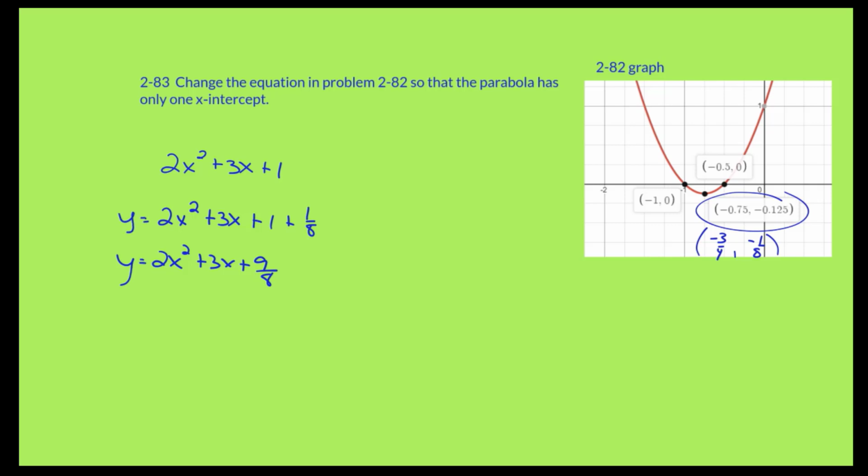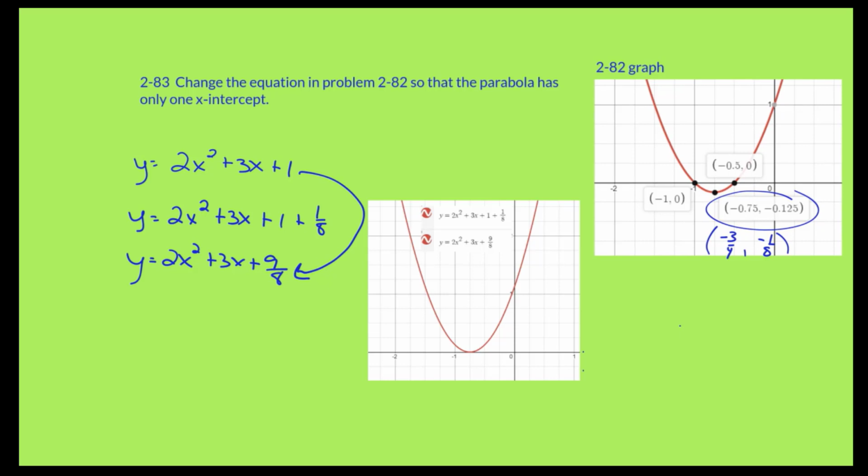Let me put y equals here just so it all makes sense. So we're changing from here to this equation to get it on the x-axis. Now let's take a look at the graph to prove that we did that correctly. Okay, so this is just showing you that both of these equations, the way I've written them right here, are the same on this graph here.